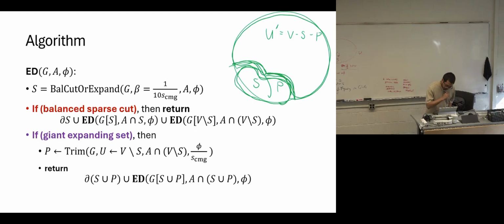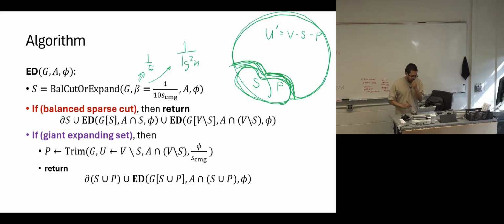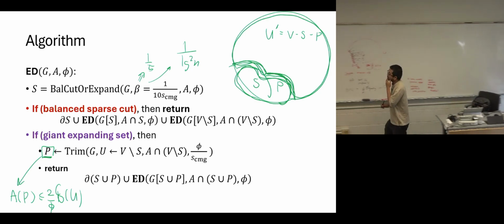Now, instead of setting beta here to be 1/5, I changed beta to be something like 1/log square. Why is that? This is because the size of P here is something like 2/5 times the boundary of U, right?